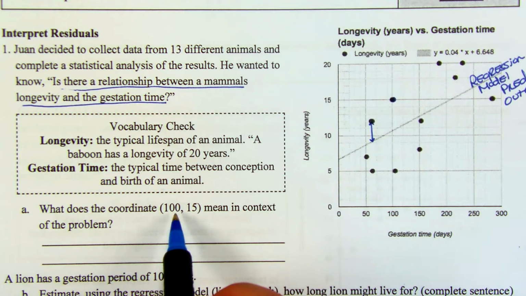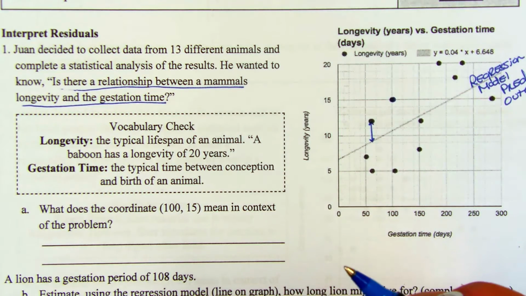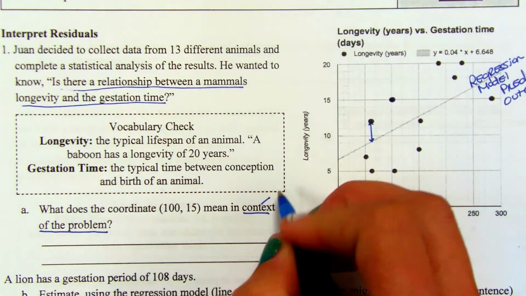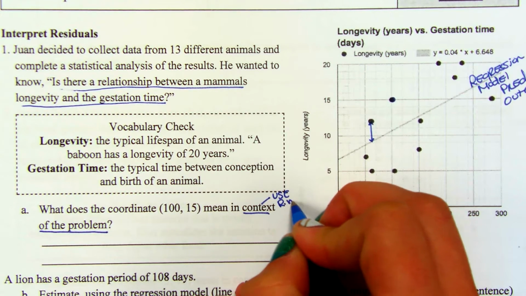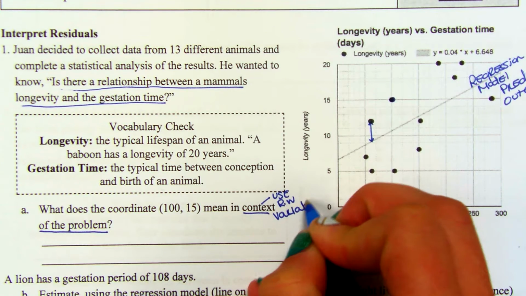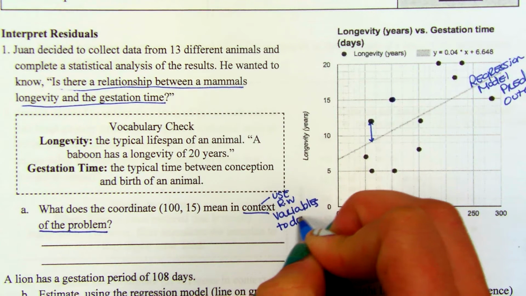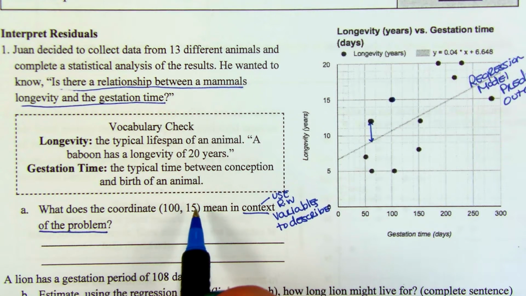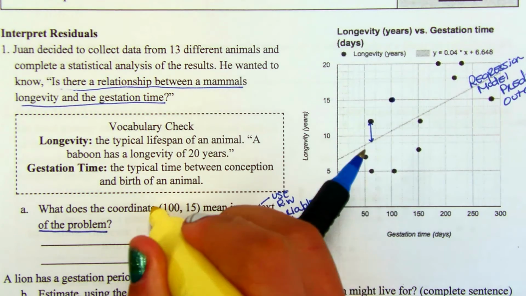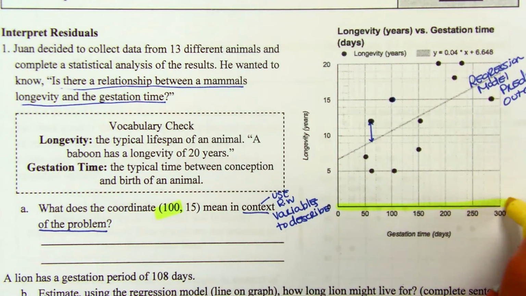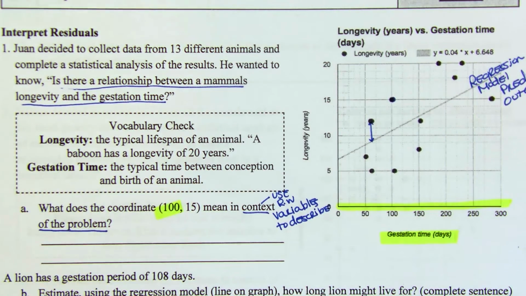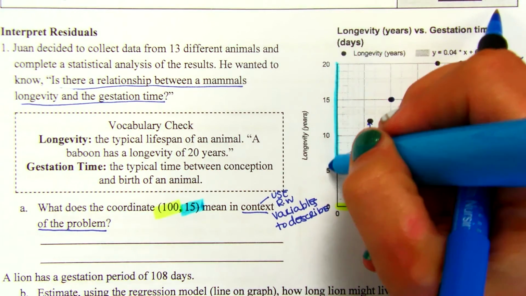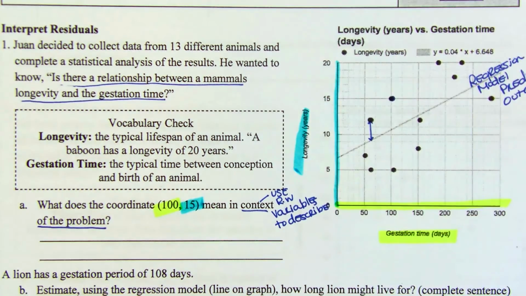What does the point 100, 15 mean in context of the problem? When you see "in context of the problem," this tells you to use the real world variables to describe. So instead of saying something like x is 100 and y is 15, instead we say x, the x-axis, is gestation time, and y is longevity.